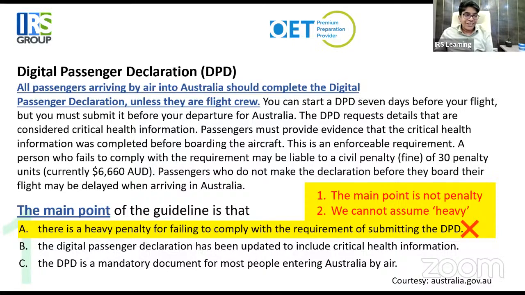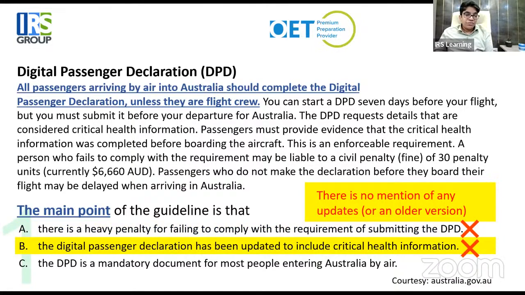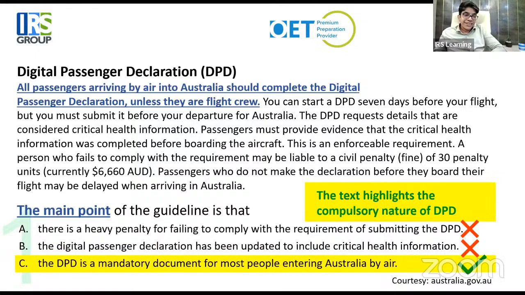So it's not A. Now, let's see if it's B. No. There isn't any mention of an update. Yes, so it's C. It shows the compulsory nature for most people. So it's excluding the air crew.